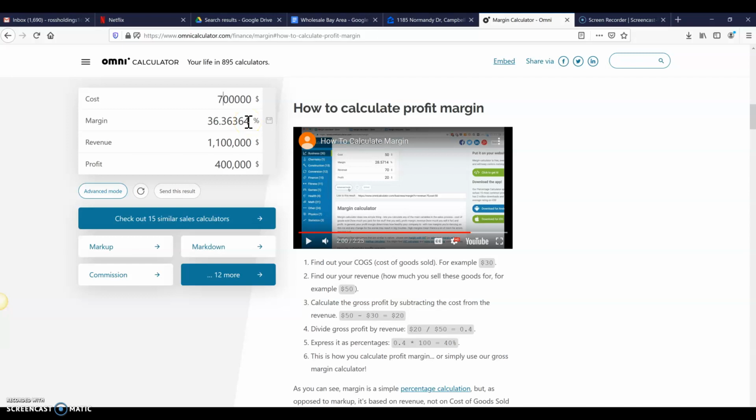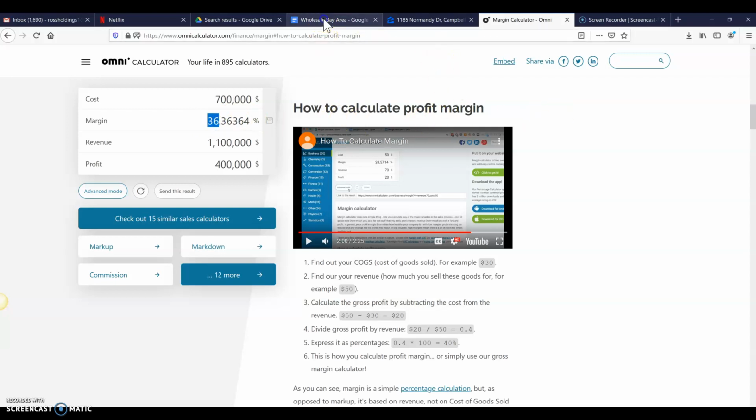Long story short, right now we're looking for 35%. As things change, I'll let you know. If you're in a different market, you're going to use a different target margin percentage. The calculation is all the same, just depending on what market you're in.